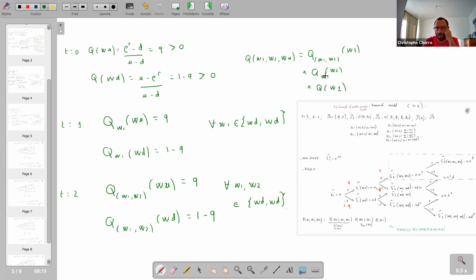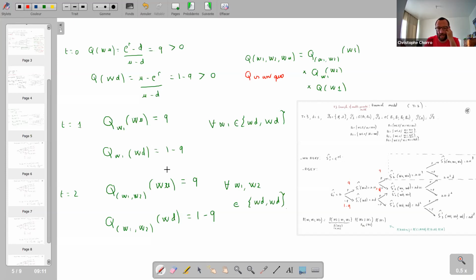This way I have all these three given. So I have my Q, and what I can remark here is that my Q is unique, because I can decompose it this way.